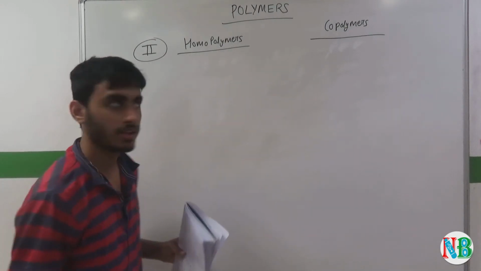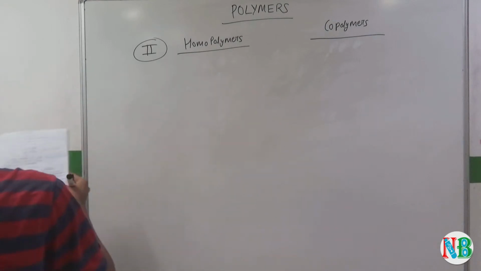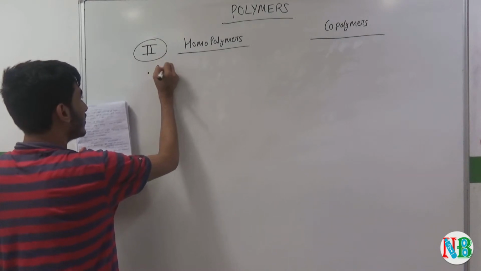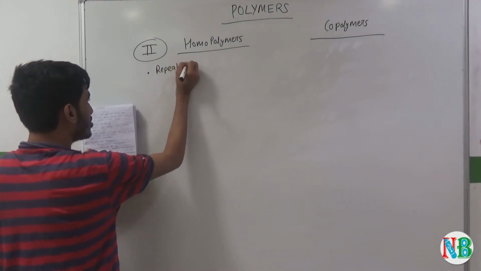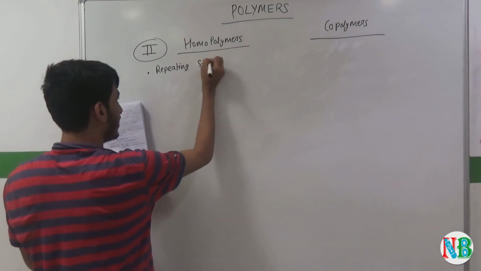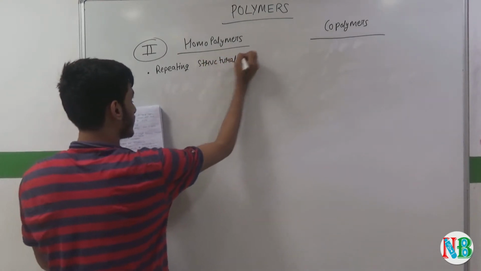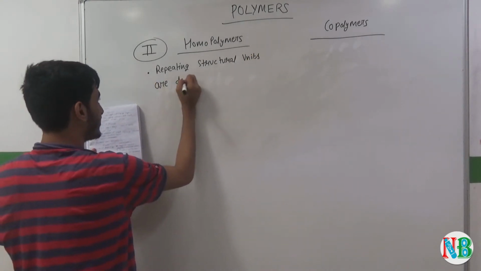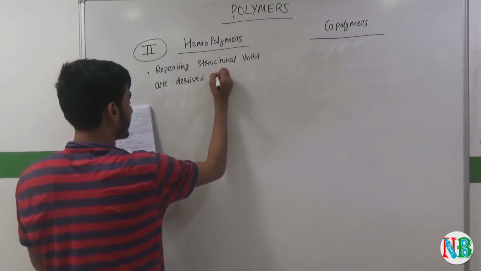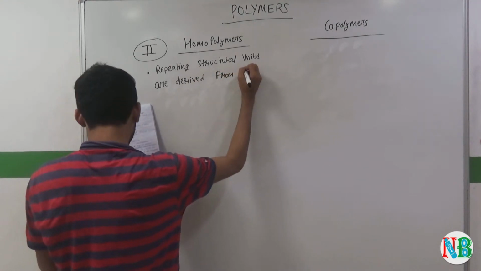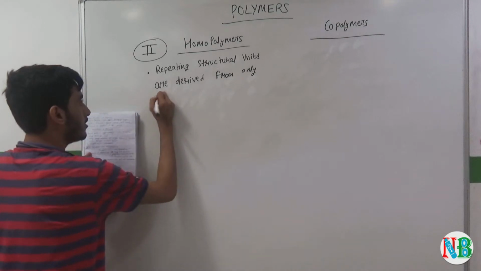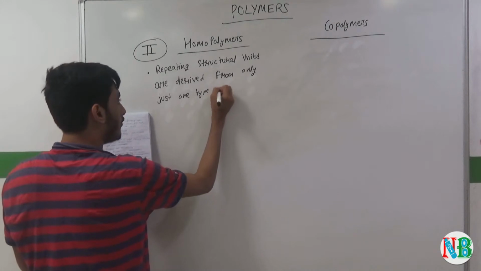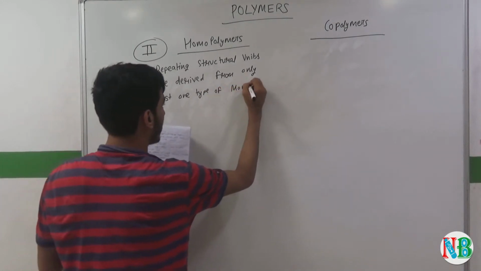So the first term, homo, just says that the repeating structural units are derived from only one type of monomer.